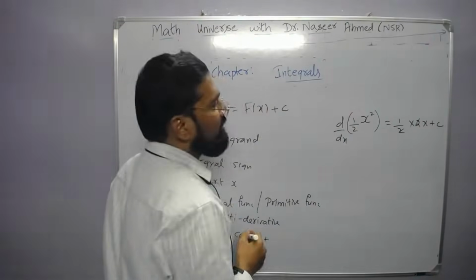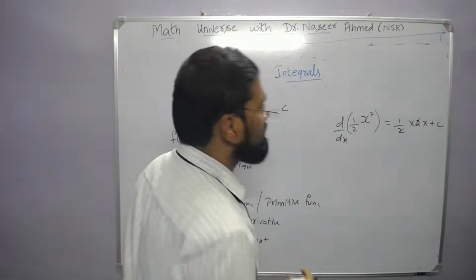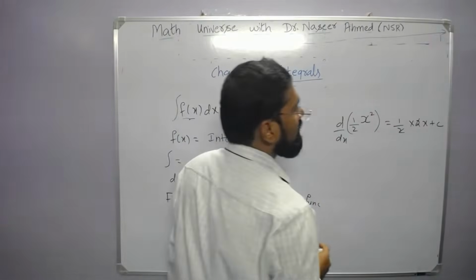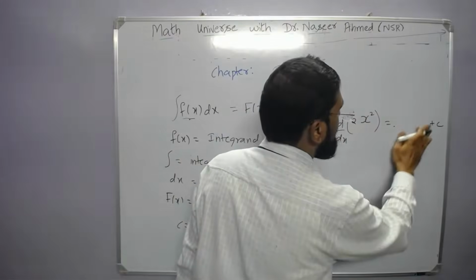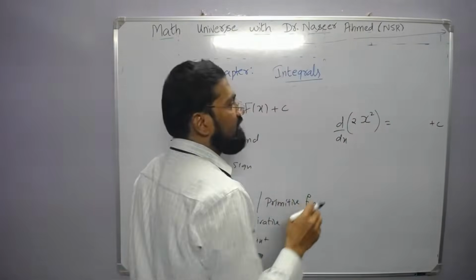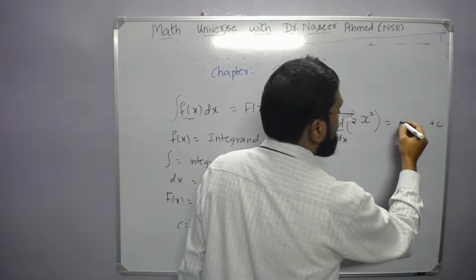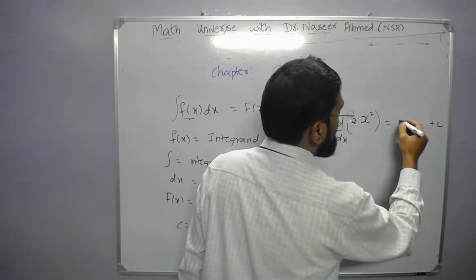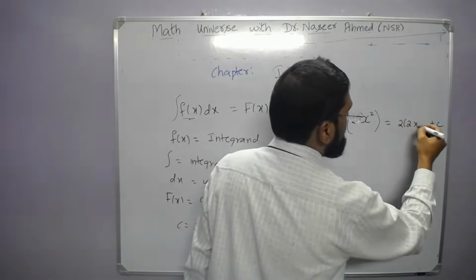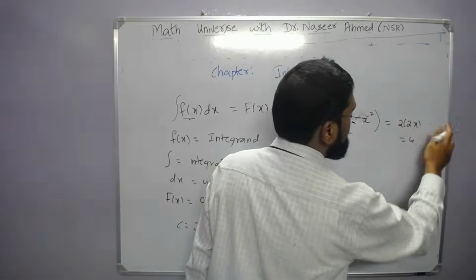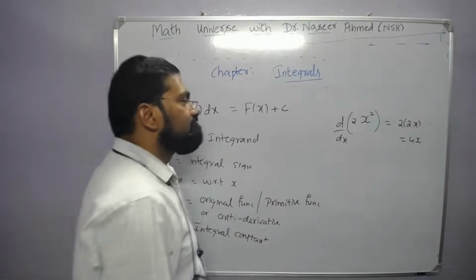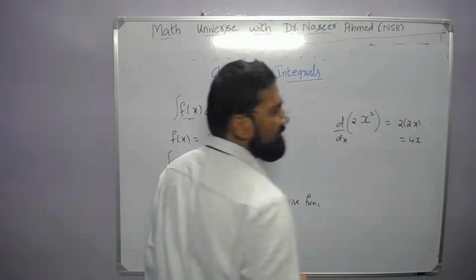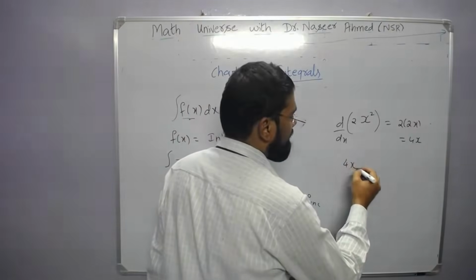Then now I'll take one more example. 2x square. I'll take here 2. Nothing wrong. I just want to make one thing clear. So if I differentiate, what I'll get here? I get 2 into 2x, that is 4x. There's no c. Now, if I integrate this, what is the integration of 4x?